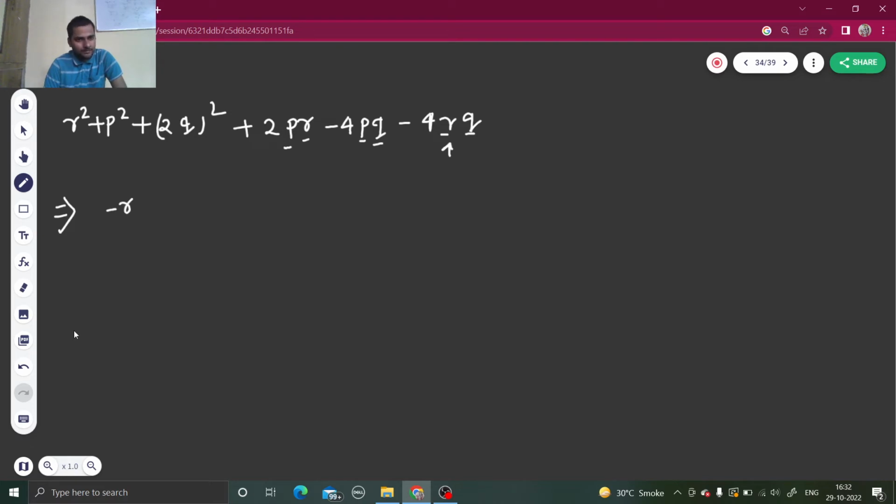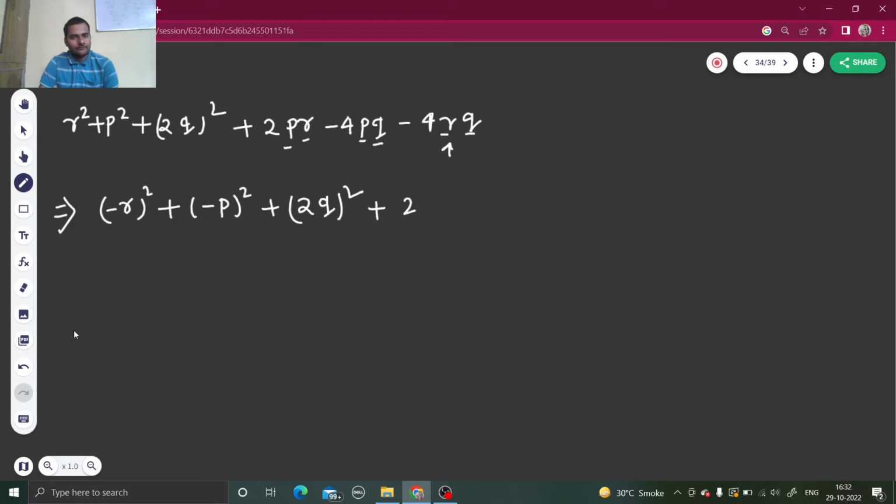So we can write minus r square plus minus p square. Then the pq product would be negative and the qr product should also be negative. Yes, it is working. Let's see. I think it is correct. So 2q square. Hold for a few seconds, I will come to the trick also.